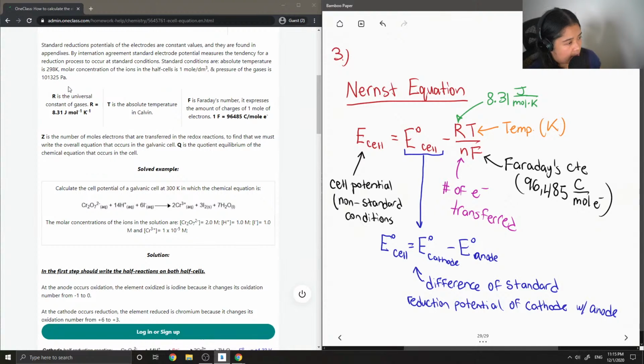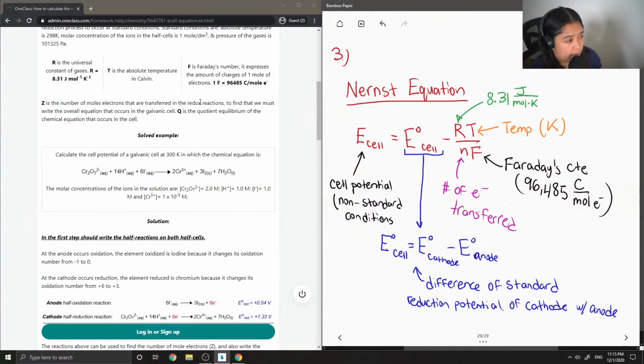101,325 pascals. So they have R as the universal constant of gases, equal to 8.31 joules over mole times Kelvin. T is the absolute temperature in Kelvin, and F is Faraday's number, it expresses the amounts of charges of 1 mole of electrons.